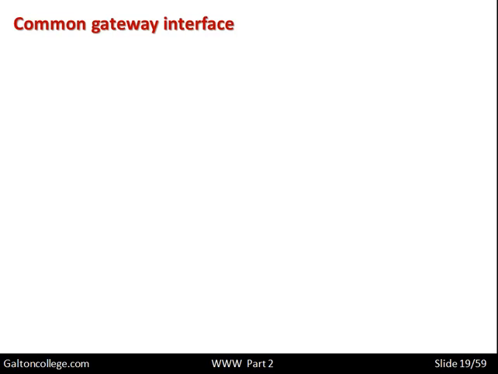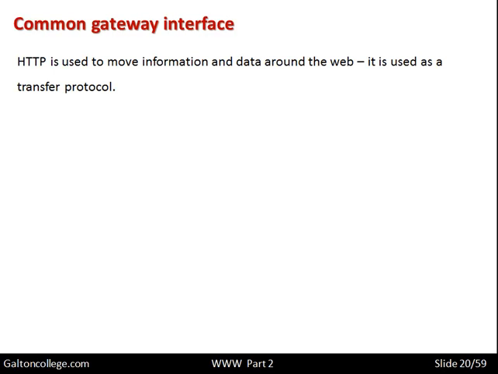Now this CGI, the Common Gateway Interface, well, HTTP is used to move information and data around the web. It is used as a transfer protocol. That's how information is moved. The information, if you like, is on the internet somewhere.